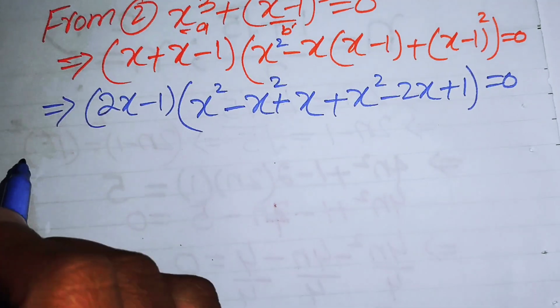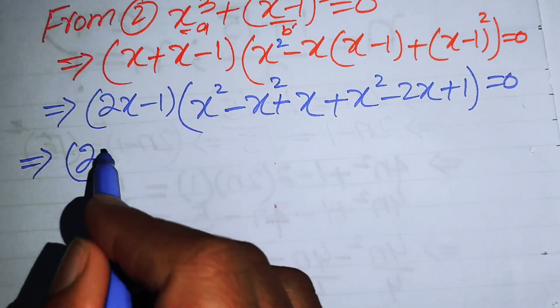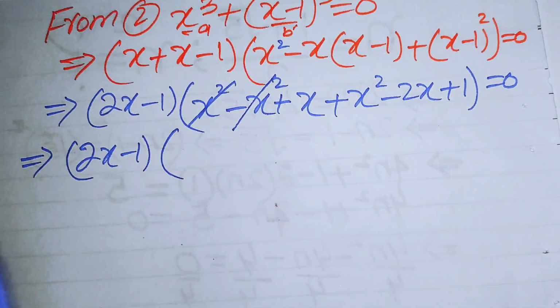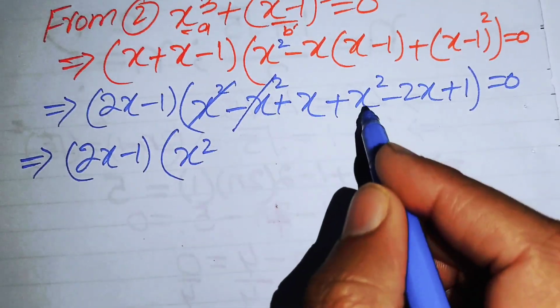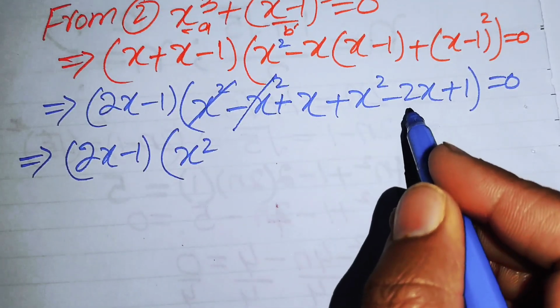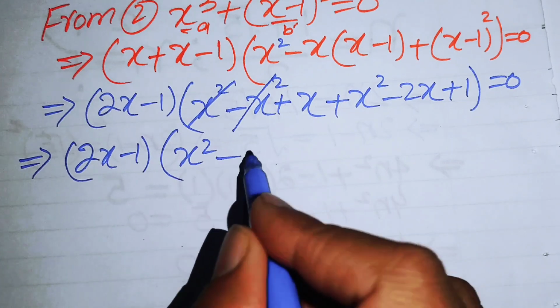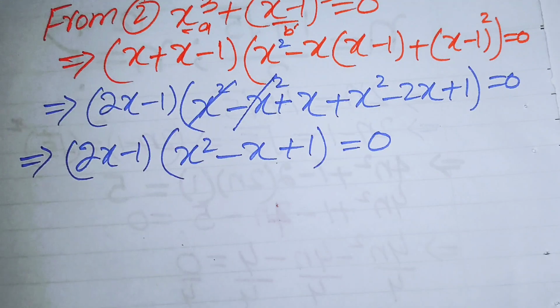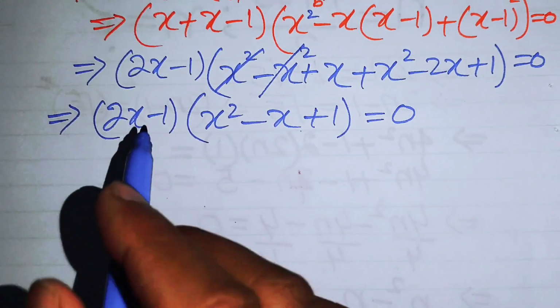And now we add or subtract the like terms here, and we get 2x minus 1 into this x square and x square are gone, and we obtain x minus 2x equals to minus x and plus 1 equals to 0. And in the next step we divide this in two cases.